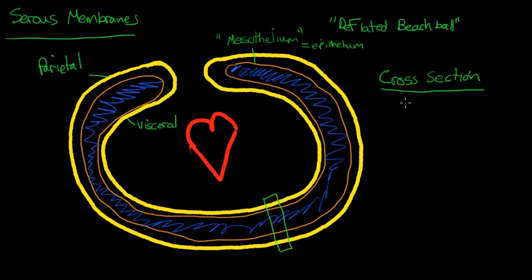First off, right here we've got our connective tissue, followed by connective tissue, followed by our epithelium, or mesothelium, then our serous fluid, then back to our mesothelium, and then all the way back to our connective tissue.